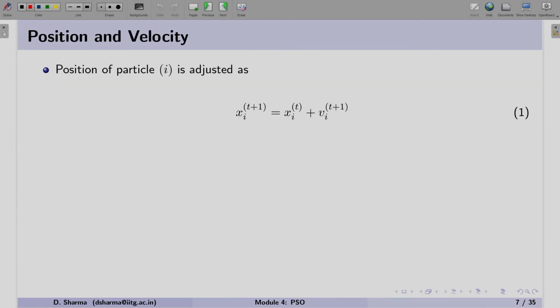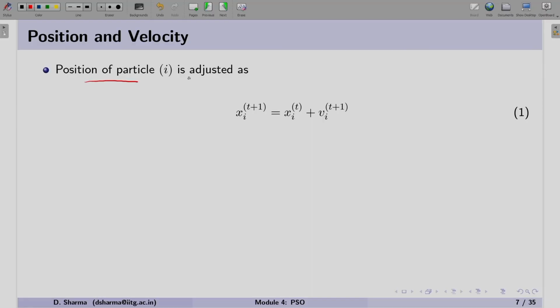Now, since we know there are three different features with PSO, let us go through them one by one. We will start with the position update first, because it behaves like a variation operator that helps change the current position of a particle to its new position.